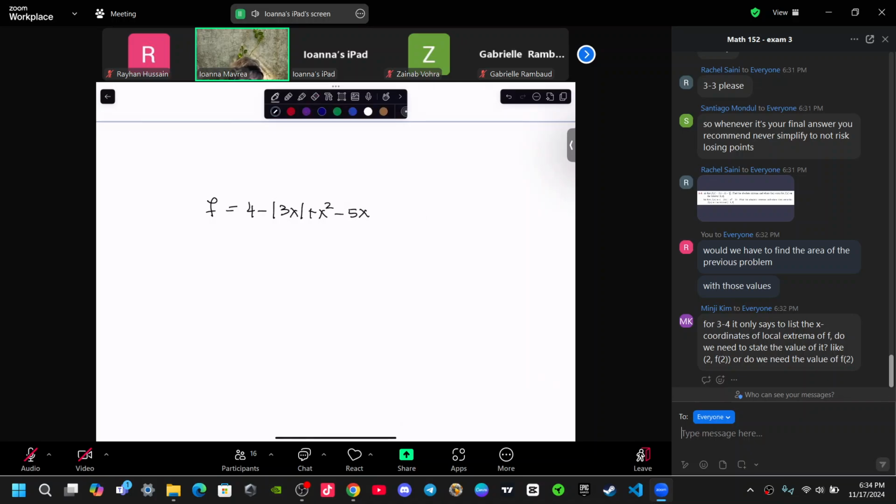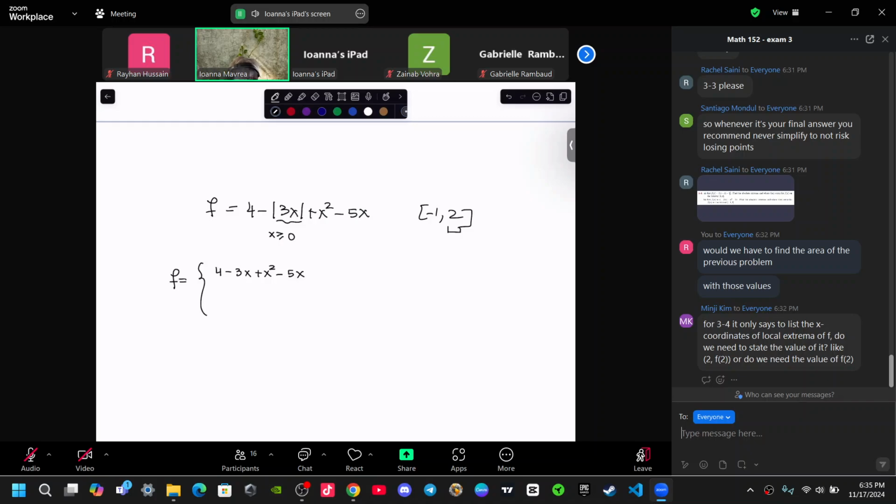So if you're going to do anything like a derivative or a limit or whatever, you need to get rid of the absolute value first. So let's get rid of the absolute value. That means you're going to create a piecewise function. If x is greater or equal to 0, there was no need for absolute value, right? So I would write it without absolute value because x is greater or equal to 0.